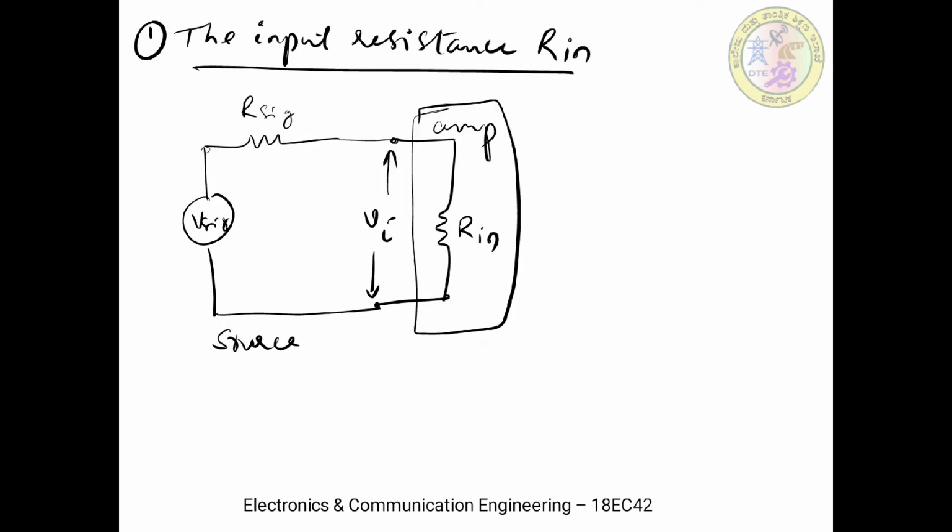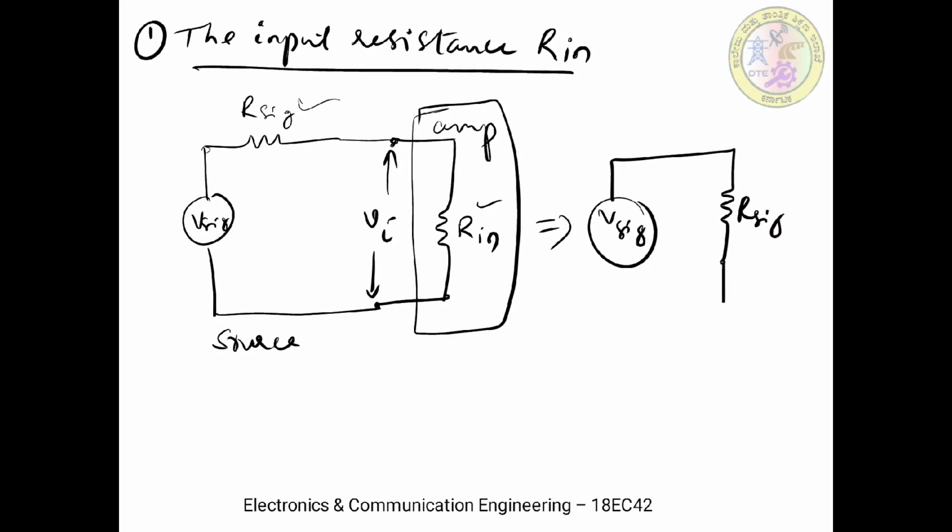But here, RSIG and the input resistance of the amplifier form a voltage divider circuit. You may think of it like this: this is a signal source, and this RSIG comes in series with the Rin.